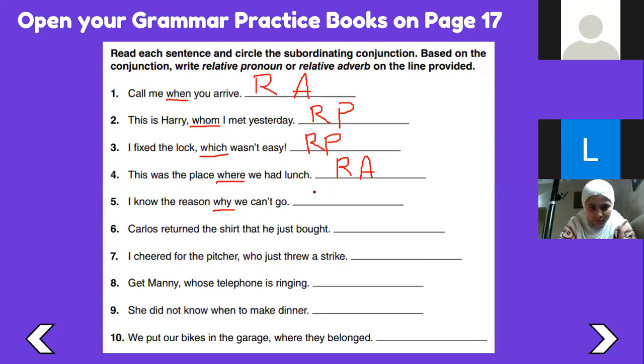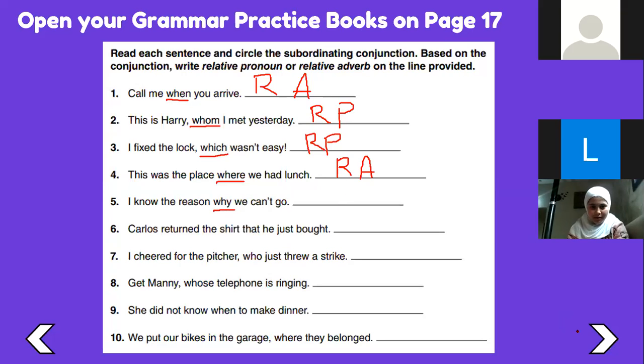Jude, why is what? Excellent. Relative adverb. Thank you, Jude. Thank you, guys.